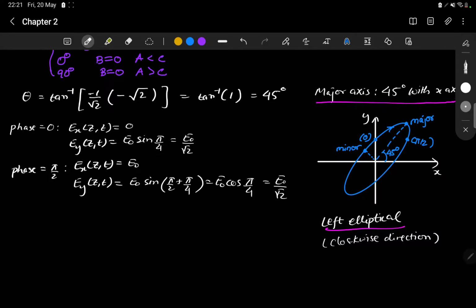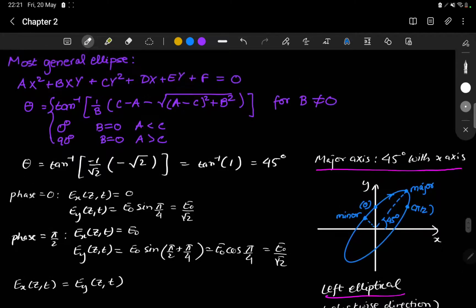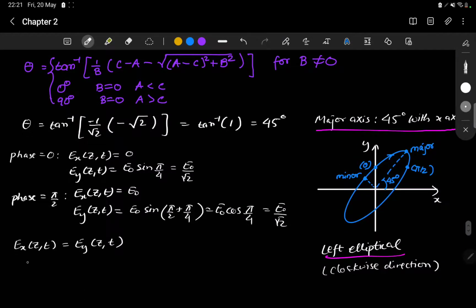So for the major axis, we will have the following condition, that Ex is equal to Ey for some value of the phase. So at some particular time t, we would have this condition being satisfied, and that is the point of the major axis. So let us see if we can solve for this.